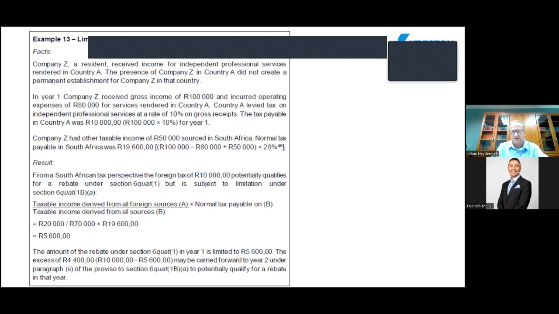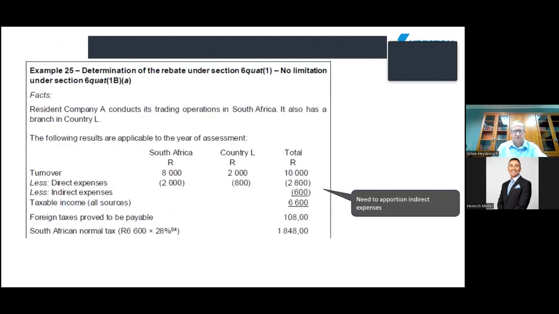The balance of 4,400 Rand gets carried forward to the next year. This example illustrates the treatment of indirect expenses. So you've got to have your columns because, as I said, you've got to do your calculation on South African sourced income and foreign sourced income so that you can have a total taxable income.